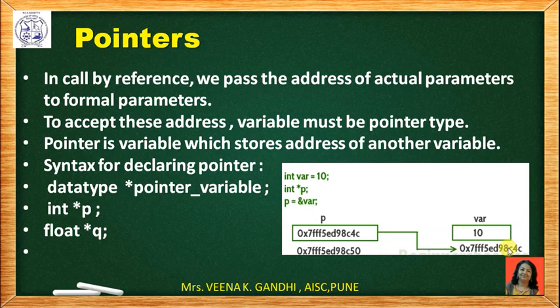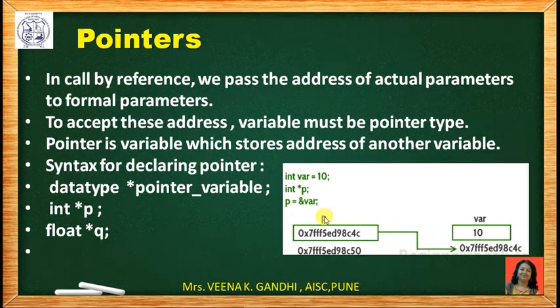Now this address is contained in the p variable because p is a pointer which stores the address of var. So p contains the same address as the address of var. Means p is pointing to the same memory location, so p indirectly refers to or accesses the value of var, that is 10. So any changes made by p into this location will be reflected into var.